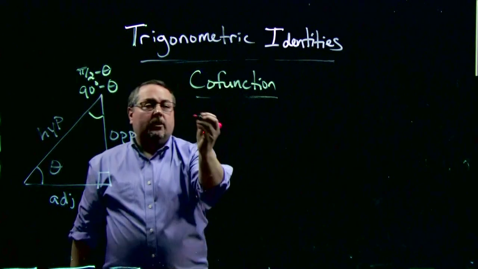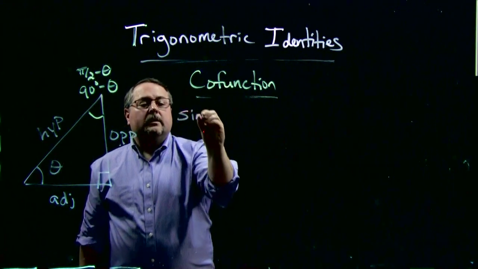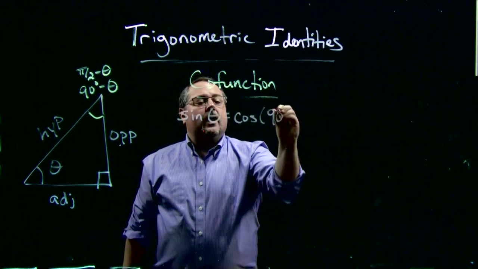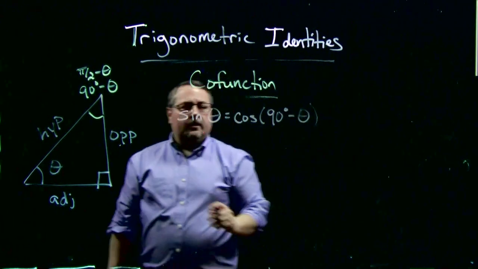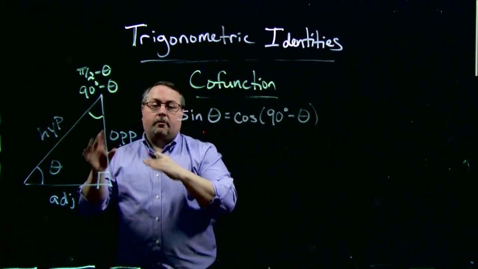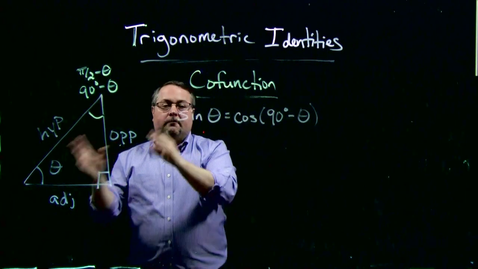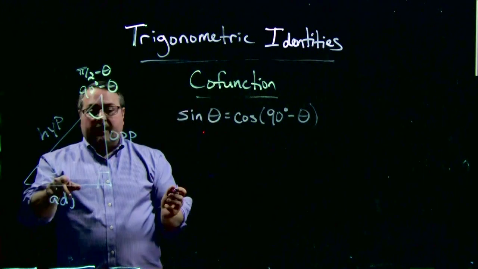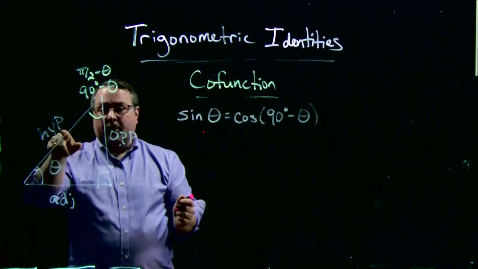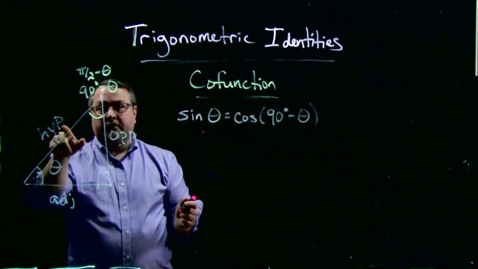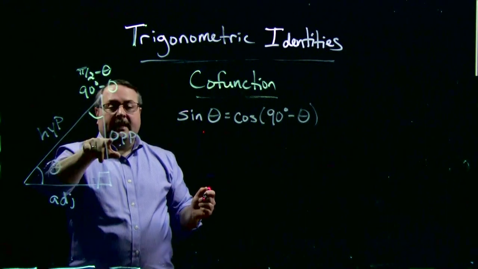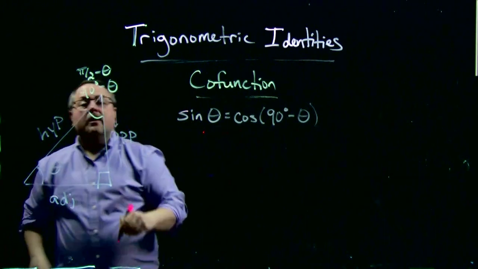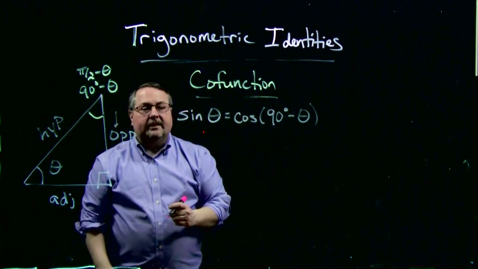So looking at that, we note that, for example, the sine of theta is equal to the cosine of 90 degrees minus theta. We saw this when we were working with 30 degrees and 60 degrees. Remember, the sine of 30 degrees is the cosine of 60 degrees, etc. That's because the sine of theta is this side over this side, the opposite side over the hypotenuse, but the cosine of 90 degrees minus theta is the same ratio, because now this side is the adjacent side to 90 degrees minus theta.